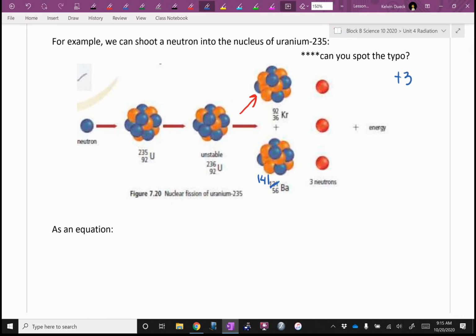Here's how we would write this as an equation. This is going to look really intimidating. It's not too bad at all if you follow the steps. We're starting out with a neutron, so that's going to be N, mass of 1, charge of 0. Plus uranium-235, I would write that with a U, a 235, and a 92.